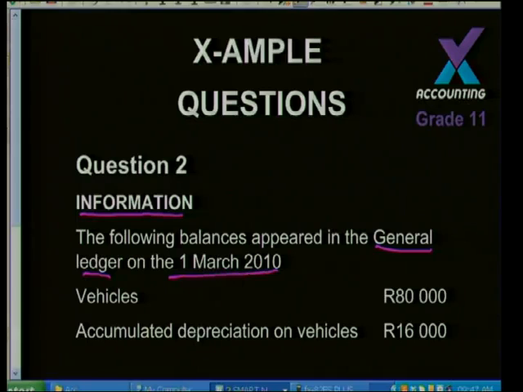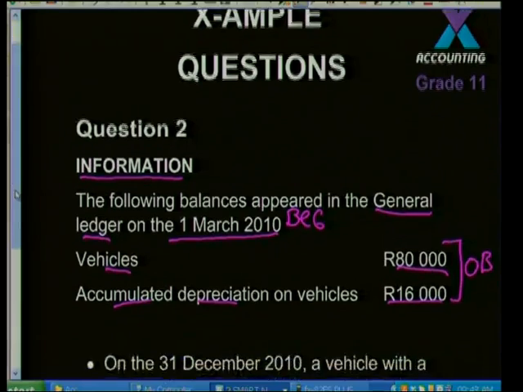So immediately I know 1st March is the beginning of the financial year. So I've got vehicles, an opening balance of 80,000, and then accumulated depreciation on vehicles, an opening balance of 16,000. So I'm just going to make a note. These are my opening balances.